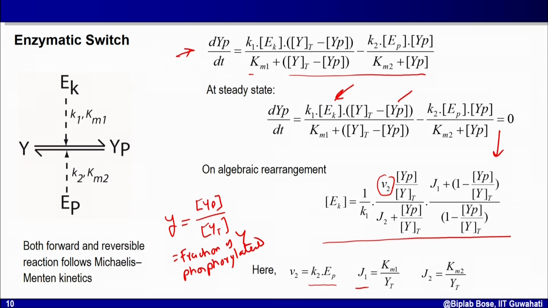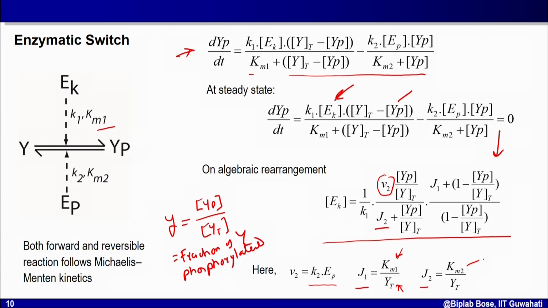J1 is another parameter. J1 includes two things. One is Km1, that is the Michaelis-Menten constant for the forward reaction, the kinase reaction, and the total amount of the substrate is Yt. Similarly, J2 used here is represented by Km2 by Yt. So I have replaced Km2 by Yt by the parameter J2.